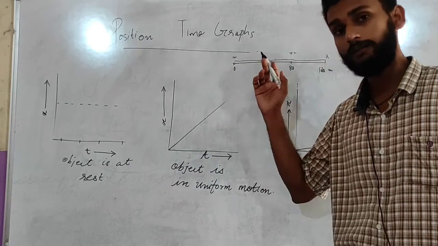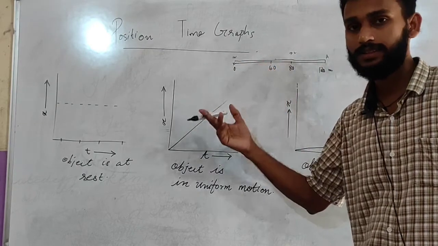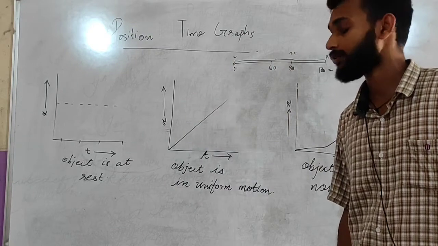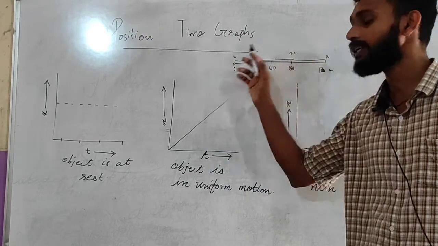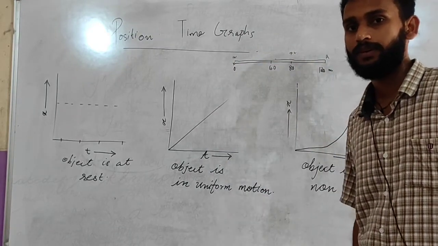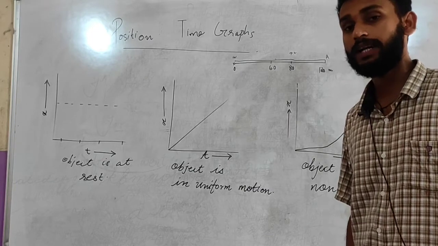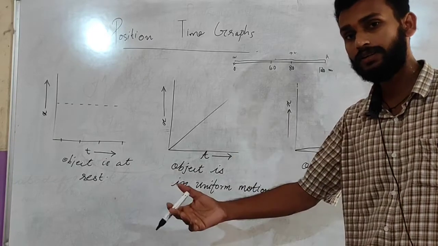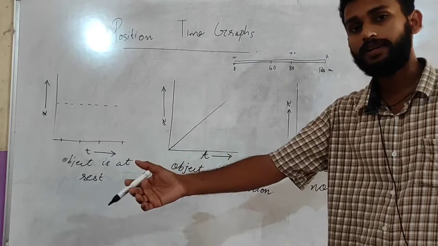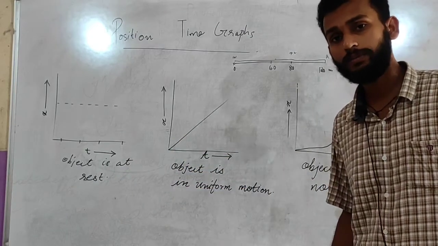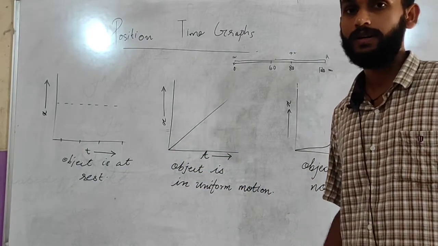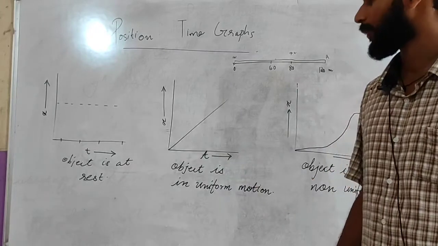Displacement is 0, but the path length is total 240 meters. If a movement happens, then the path length cannot be 0. Displacement can also be 0.